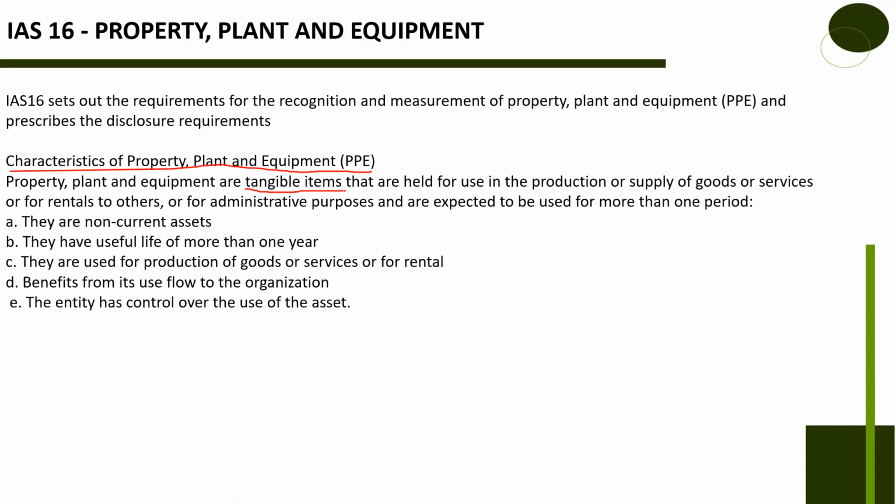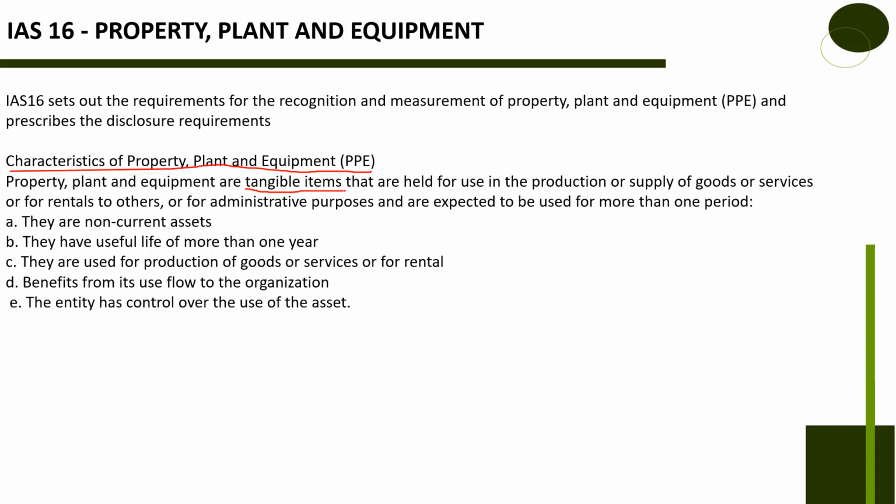So naturally, these are part of your non-current assets. Part of your non-current asset that are tangible in nature. This is the standard that speaks to it. You know, when you speak about non-current assets, when we looked at IAS 1, preparation of financial statements, we looked at current asset, non-current asset, and we said non-current assets are the assets that are what?